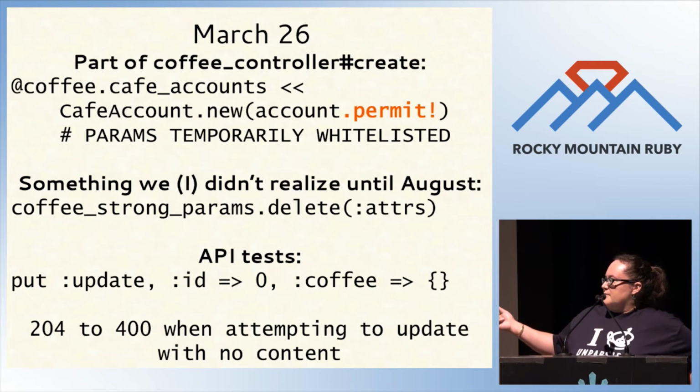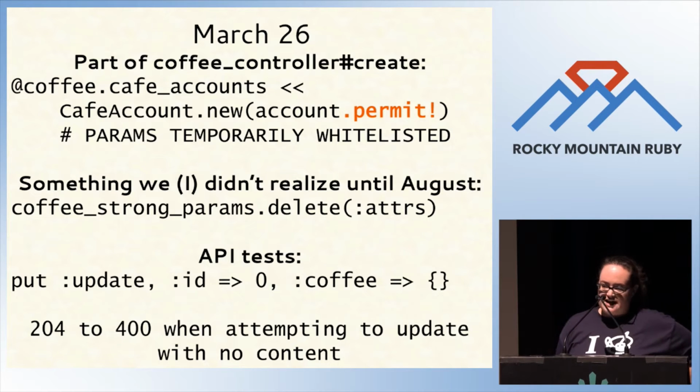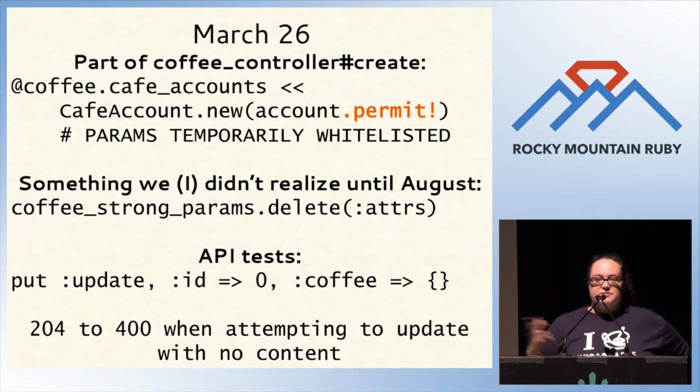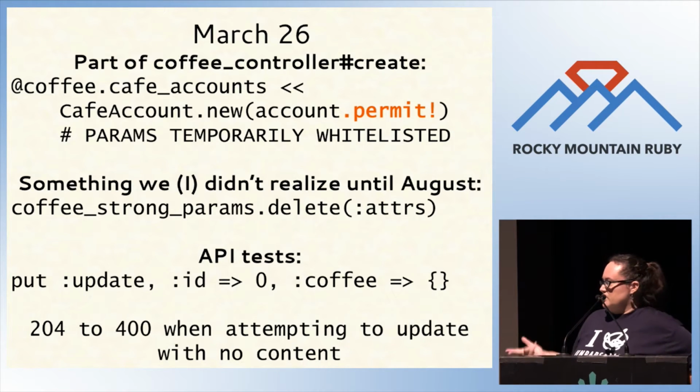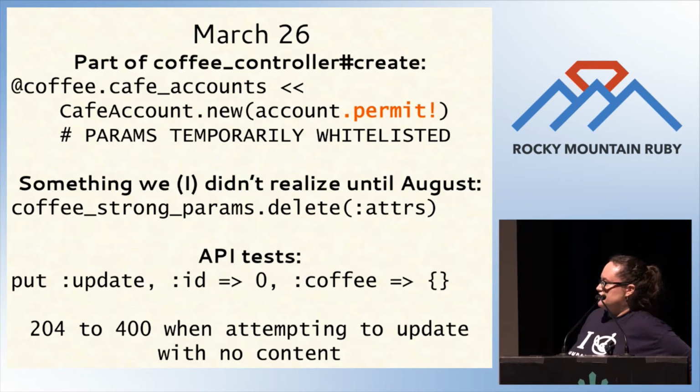Before strong params, you would expect a 204 or a no content error. But once strong params is in, it'll give you a 400, just a plain old bad request. And you need to know that when you get that 400 error, that it's not an error, it's the thing that it's supposed to pass with an empty hash.